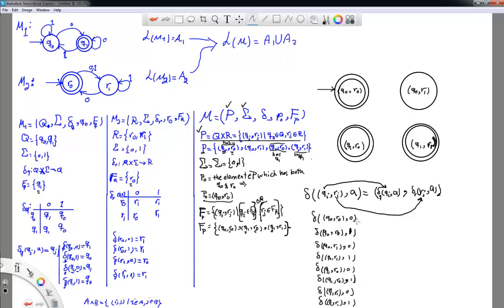Okay, so now let's see what happens. Now this is a pair of states then. So we're going to do the simulations simultaneously. So what this means is that I'll do this for the first few and write it out, and then for the rest of it we just fly through it.